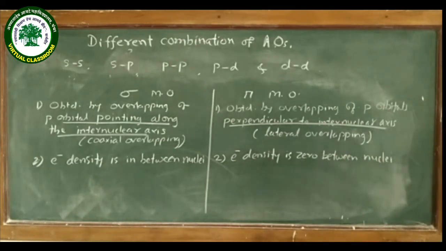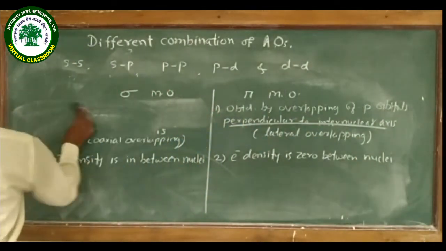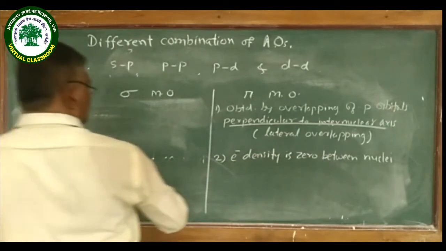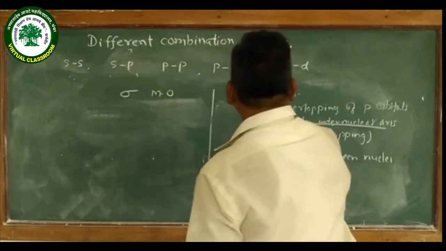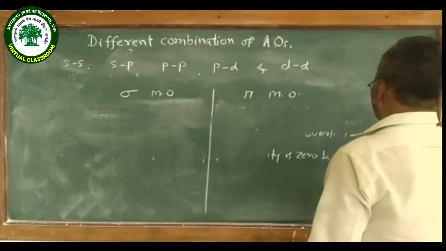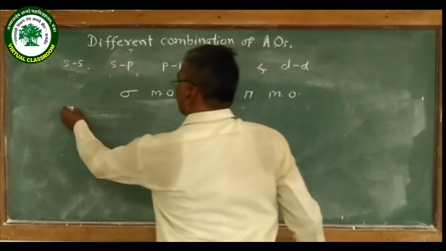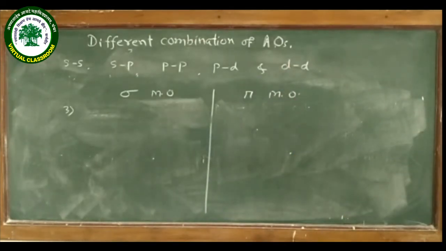The third point of comparison can be regarding the symmetry and asymmetry of bonding and antibonding molecular orbitals. So as far as sigma molecular orbitals are concerned, the third point of comparison can be written like this.